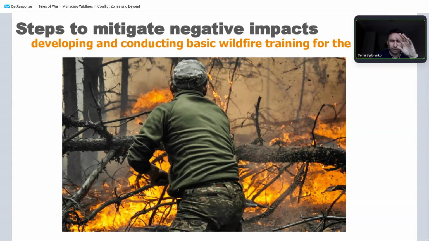It's a historical photo, taken before the war started, but you see that we are not sure that this guy totally understands what he is doing, and we also have some questions about his PPE. So yeah, basic training, I think, will be very important in post-war restoration programs for Ukraine and also for other countries that have the same issue.